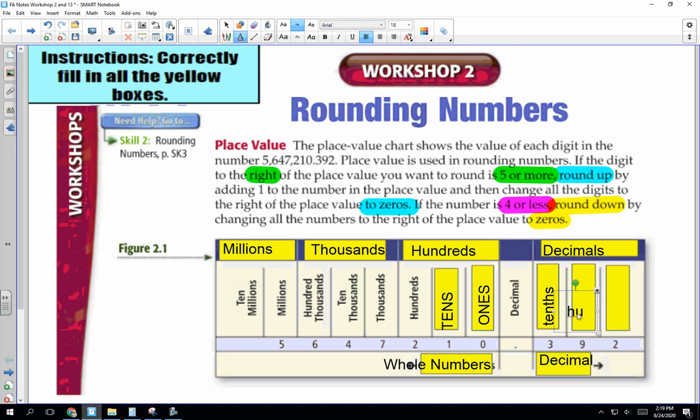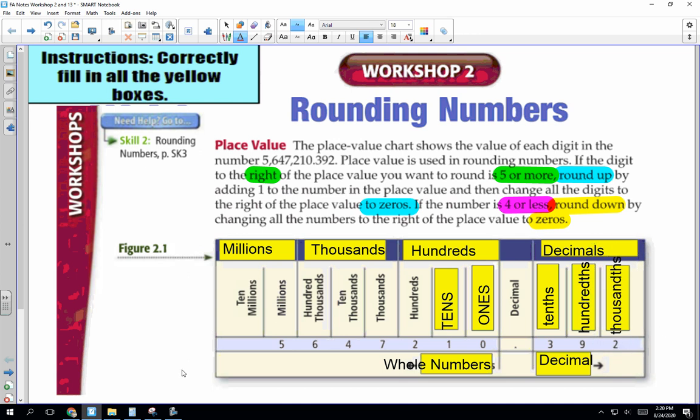Let's try to spell it right. Spelling makes a big difference, so make sure you are spelling yours correctly, or I will kick it back to you. And then the last one is thousandths.